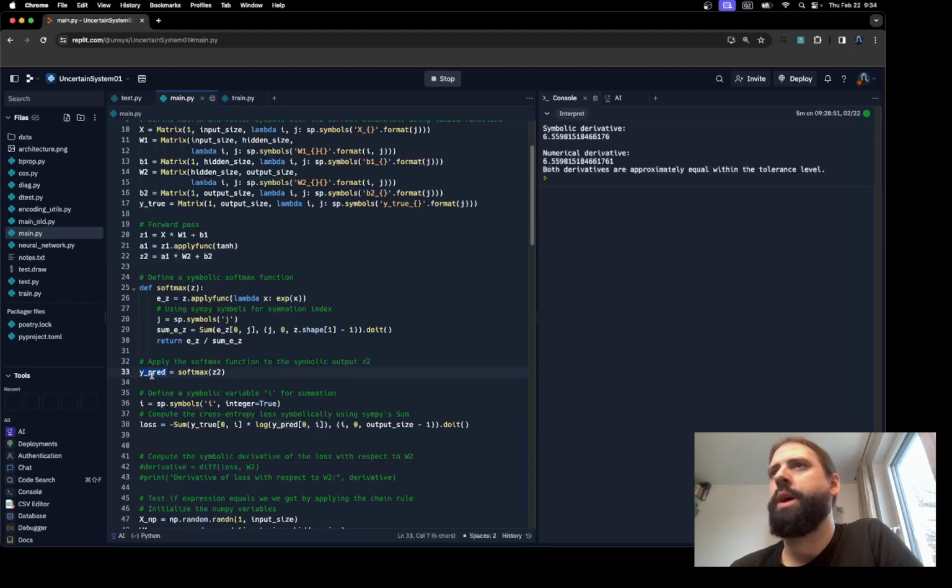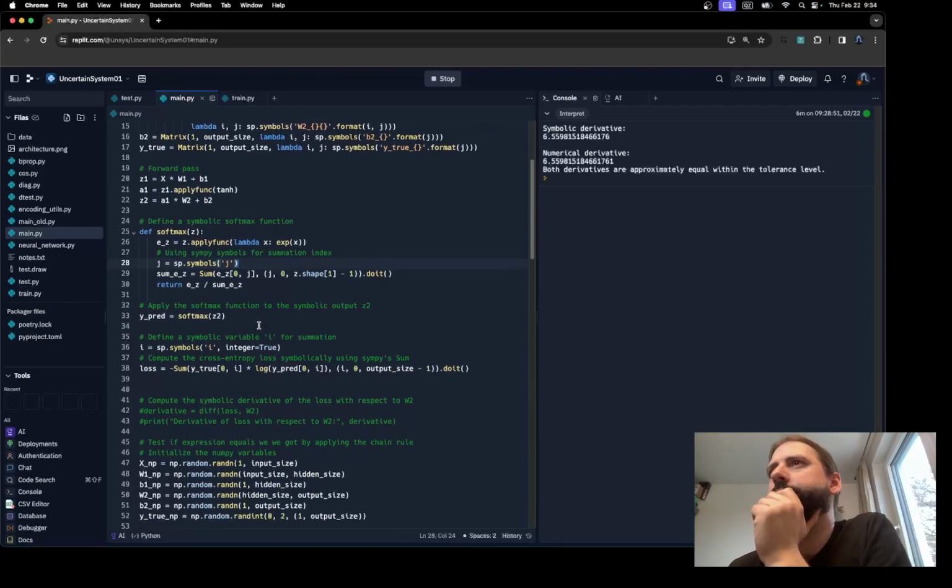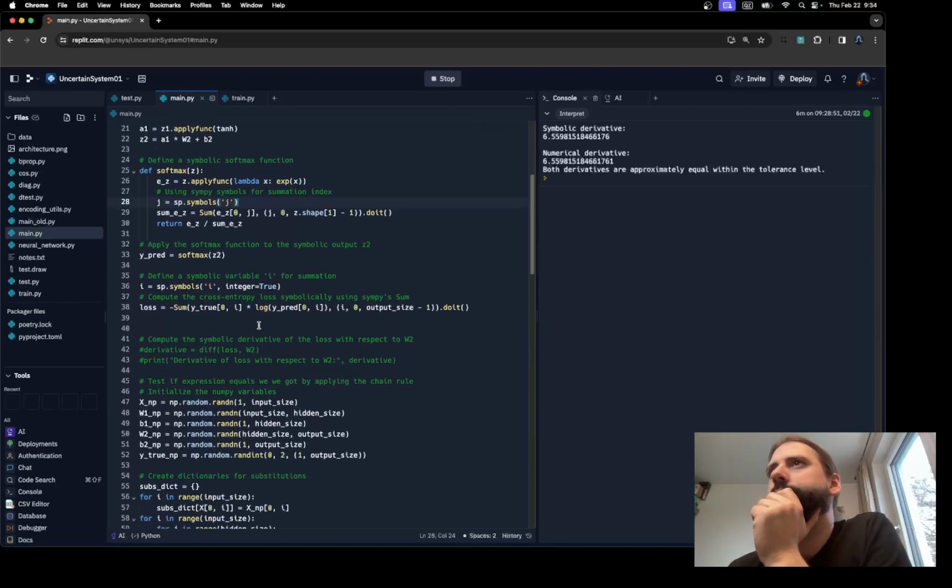Z2 and then Y pred, basically the predicted values, is softmax. Here's softmax. That's what we should go and check now.